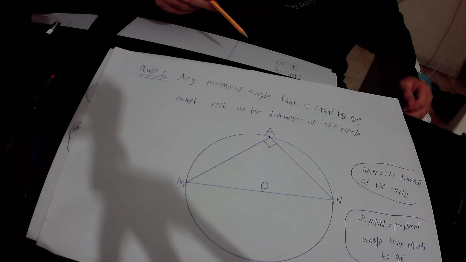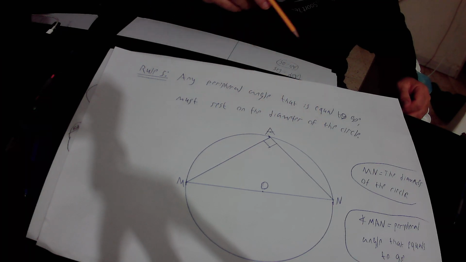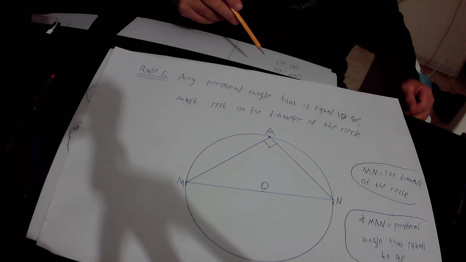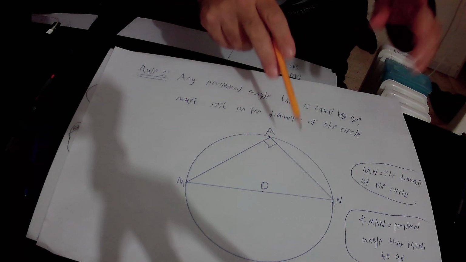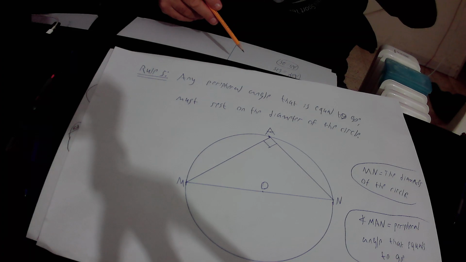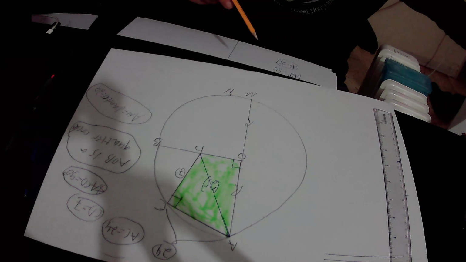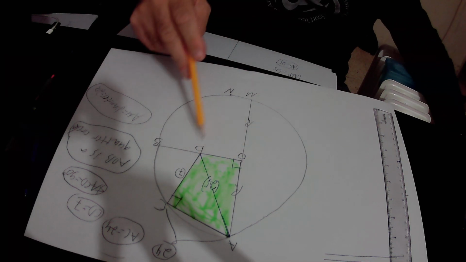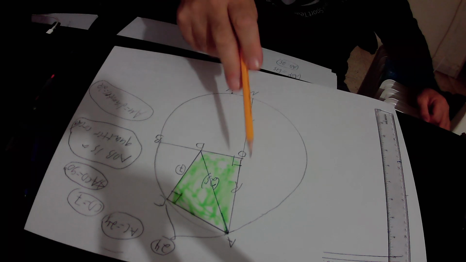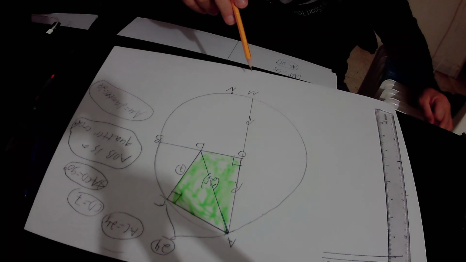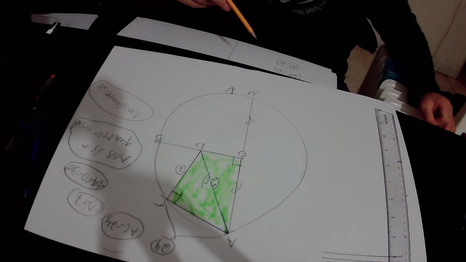Here we have peripheral angle MAN that is equal to 90 degrees, and this peripheral angle MAN rests on MN, that is the diameter of the circle. But here peripheral angle ACN that also equals 90 degrees doesn't rest on AM, that is the diameter of the circle, but it rests on chord AN that is not the diameter of the circle.